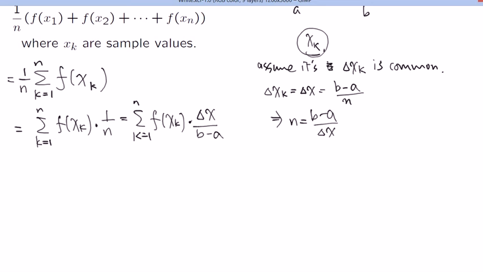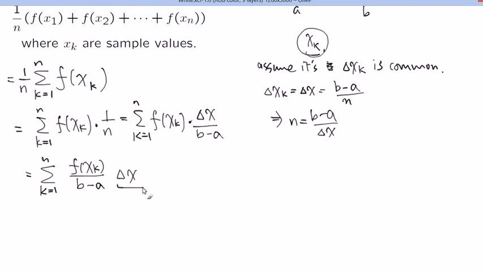Now I'm going to reorganize this one so that everything is multiplied by delta x. Then it's a Riemann sum. F of xk there, right? Times 1 over b minus a. Maybe that's why I can put everything underneath it. So let's write it like this: f of xk divided by b minus a, times delta x, right?